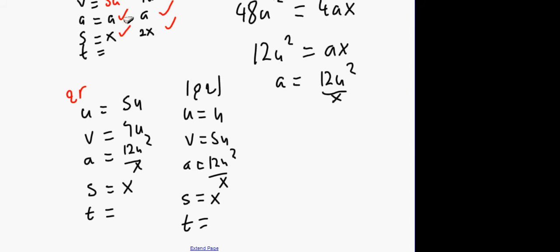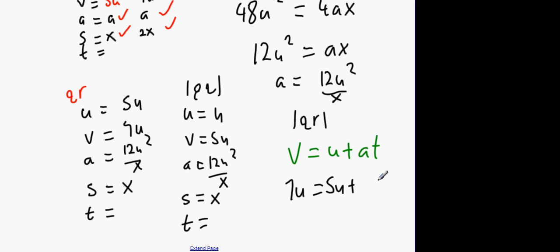Okay, so we're going to go for v equals u plus at, purely because we have enough information to use it. And what's going to happen here is the following. We're going to set it up for QR first. So QR: v is 7u, u is 5u, a is 12u squared over x, and t we don't know.